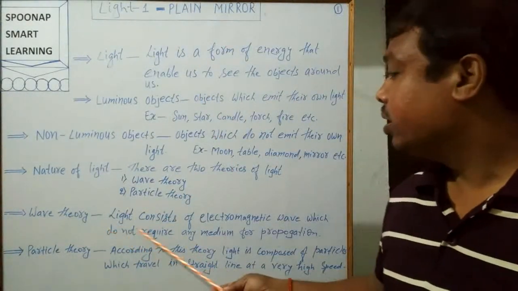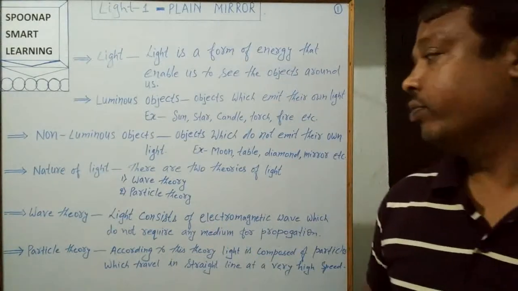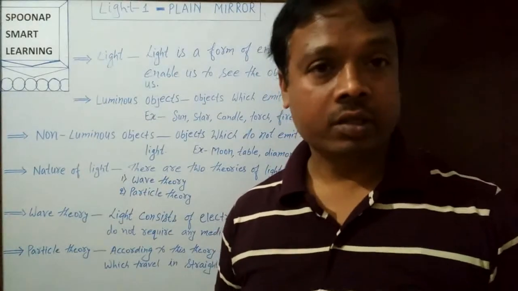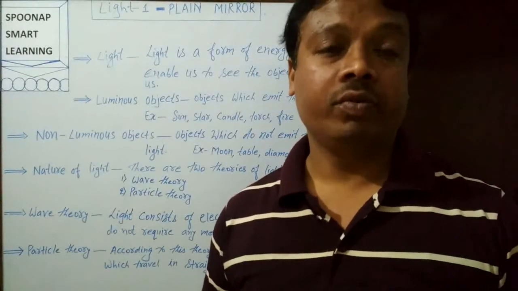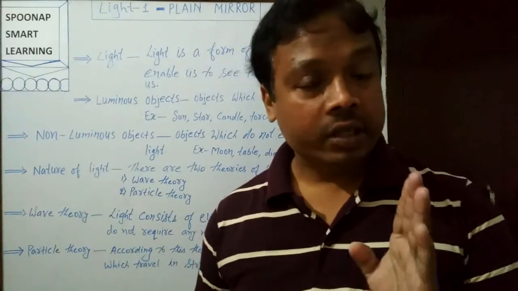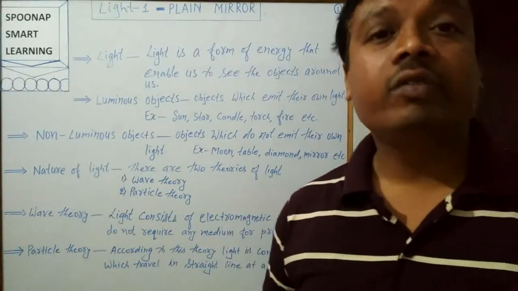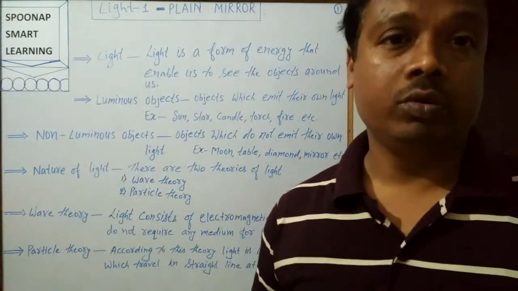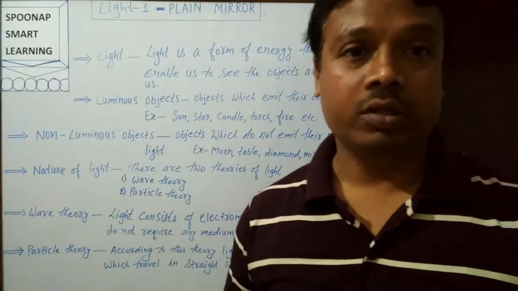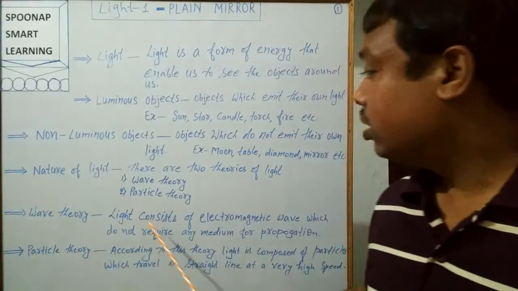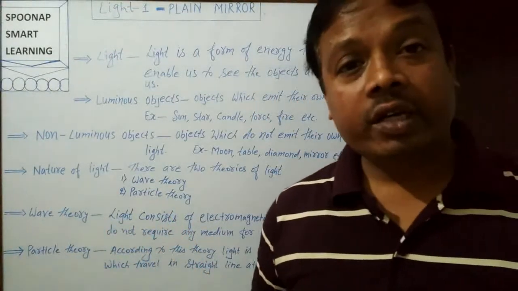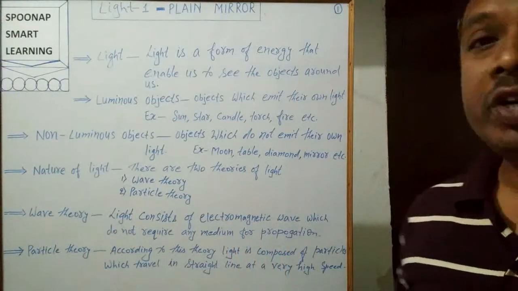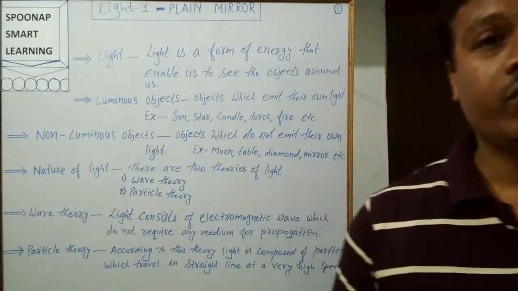Wave theory says light consists of electromagnetic wave which does not require any medium for propagation. Propagation means to move or to go from one place to another. Clear? Propagation means to travel.